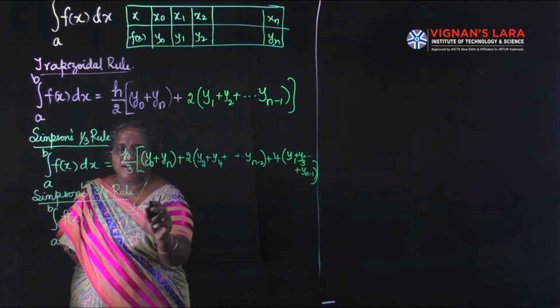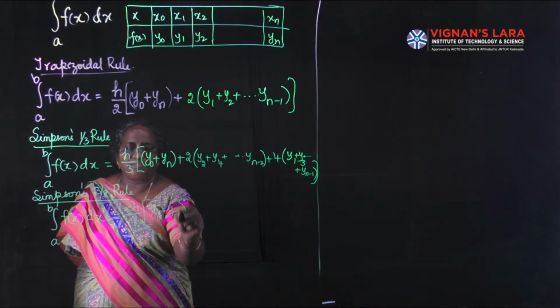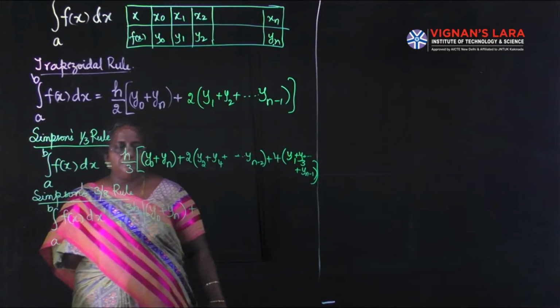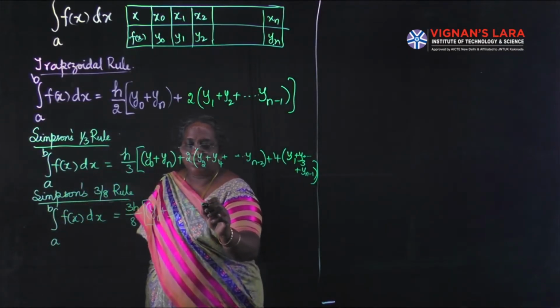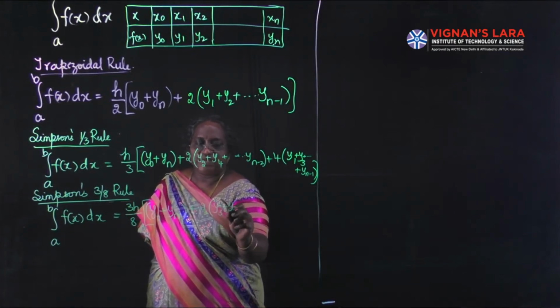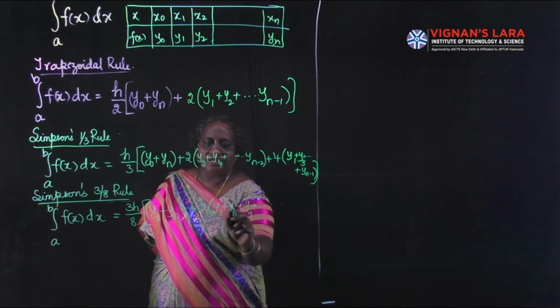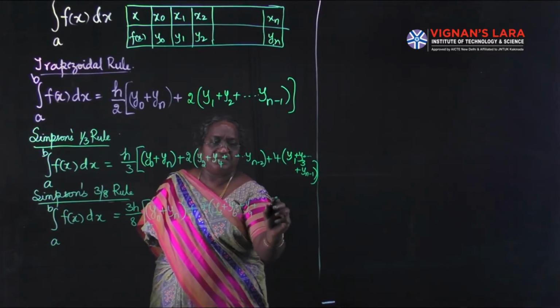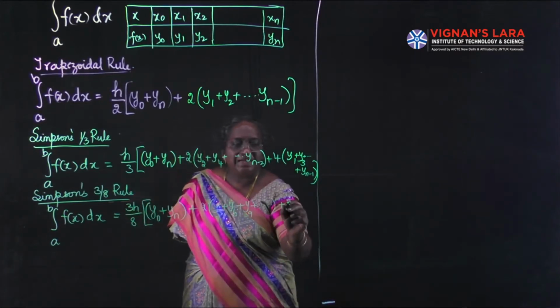The first term is common for all: y naught plus yn, plus 2 times the multiples of 3. So y3 plus y6 plus y9 plus so on. Multiples of 3: 3 ones are 3, 3 twos are 6, 3 threes are 9, up to yn minus 3, plus 3 times the remaining terms.